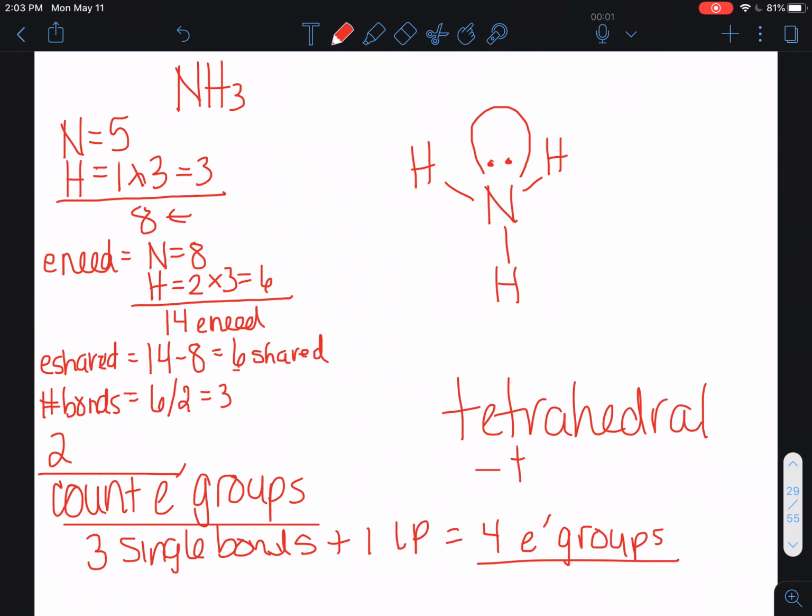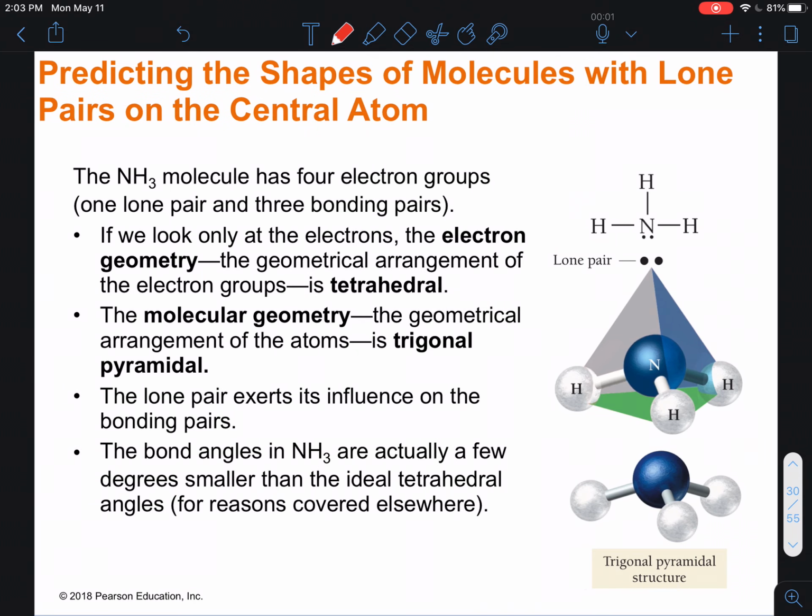Here, I'll jump down and just show you really fast. If we look at only the electrons, or the electron geometry, the geometrical arrangement of the electron groups is tetrahedral, like I said before. But now I'm introducing this thing called molecular geometry.